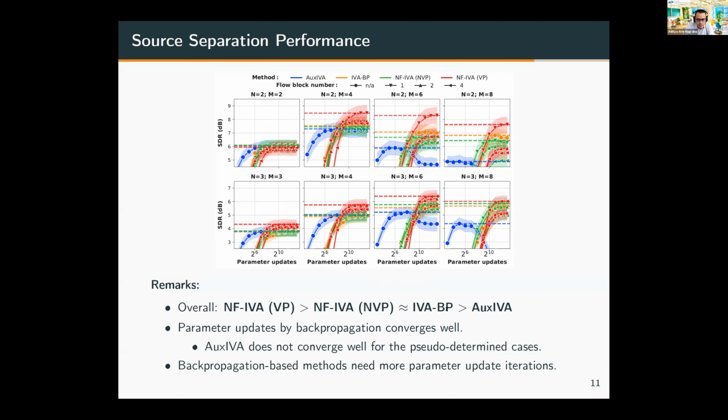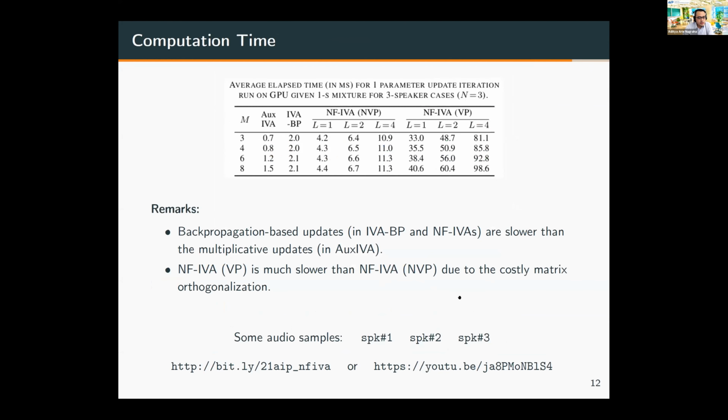Then we can also see that the backpropagation-based methods converge well, but they require many parameter update iterations. That's why we compare the computational time for 1 parameter update for 1 second of mixture. The values here are shown in milliseconds.